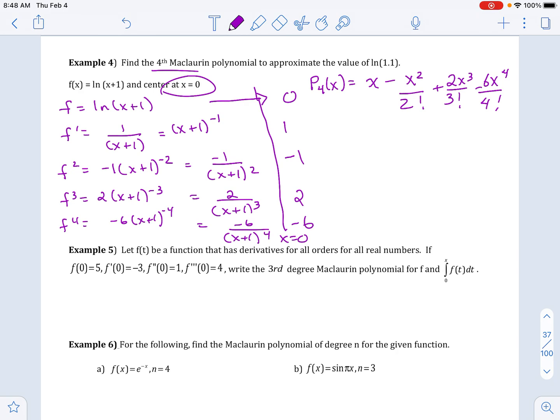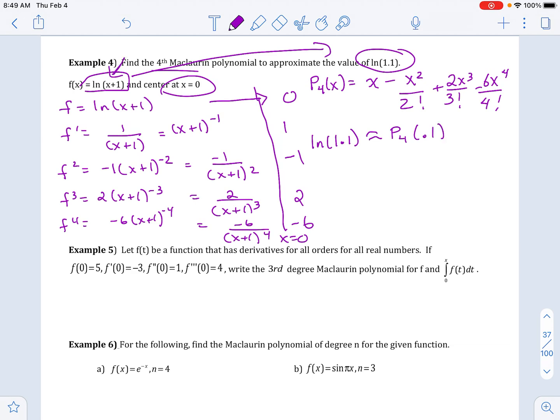And then if I want to approximate natural log of 1.1, be careful here. Notice the function that we're working with is natural log of x plus 1. So this polynomial is an approximation for natural log of x plus 1. So to get to natural log of 1.1, really you are going to plug in 0.1 for x.